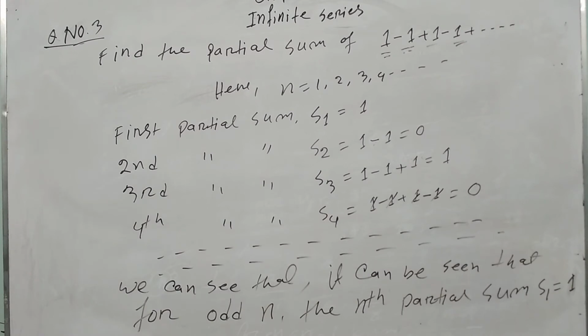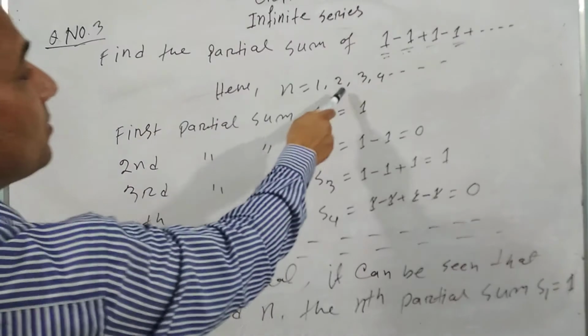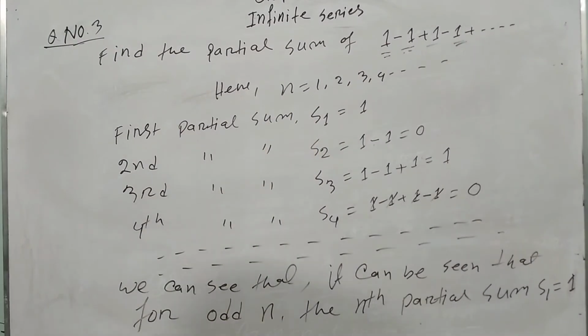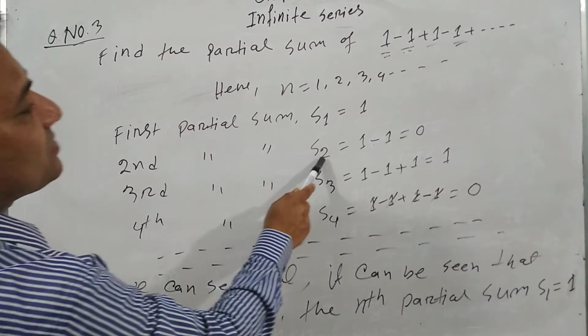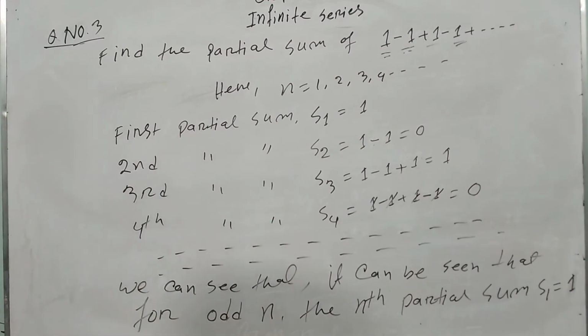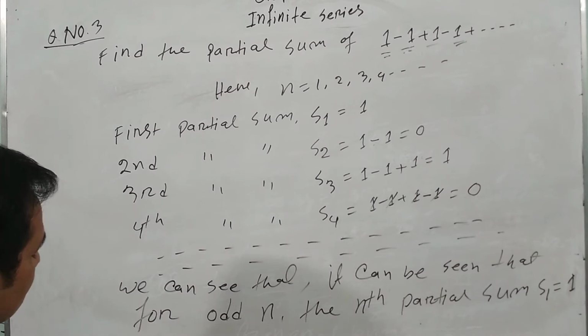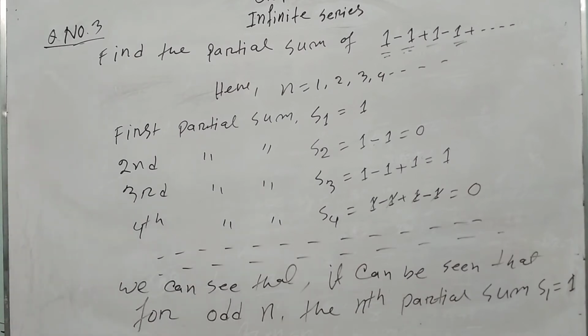And when n is an even number, the nth partial sum, so we can write S2 equals 0.